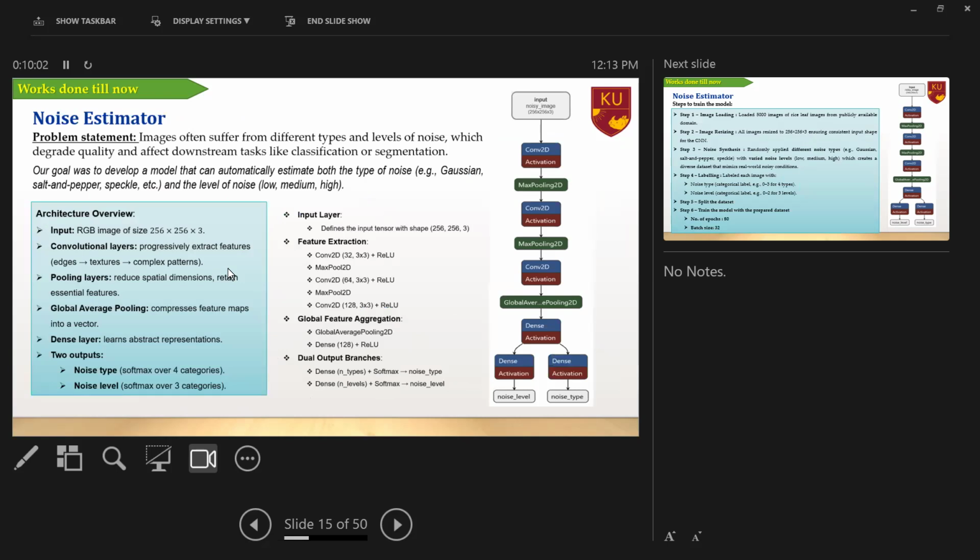The architecture of the noise estimator model: we have the input image, an RGB image of size 256 by 256 by 3. For training, we have some publicly available rice leaf images.